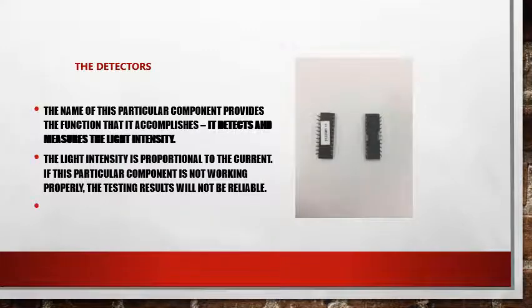Now the next part is the detectors. The detectors convert the energy of the radiation into signals. The name of this particular component provides the function that it accomplishes: it detects and measures the light intensity. So it converts the energy of the radiation into a signal.